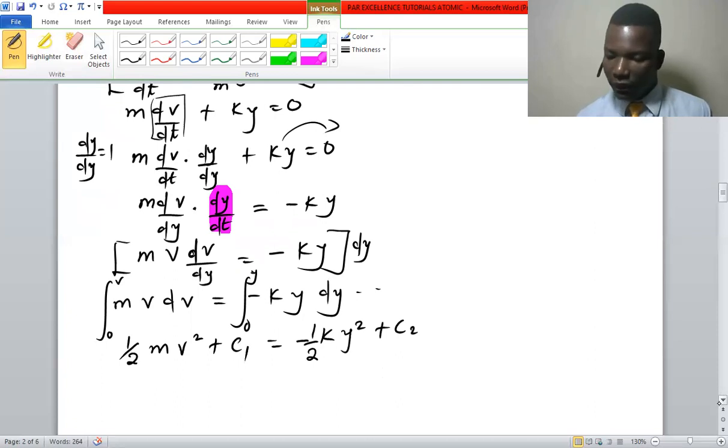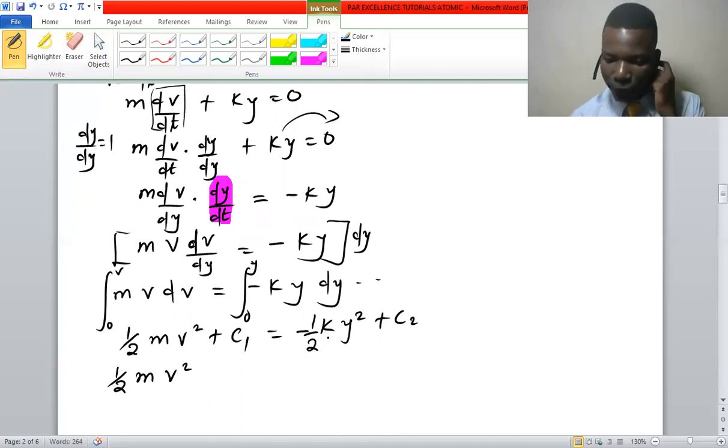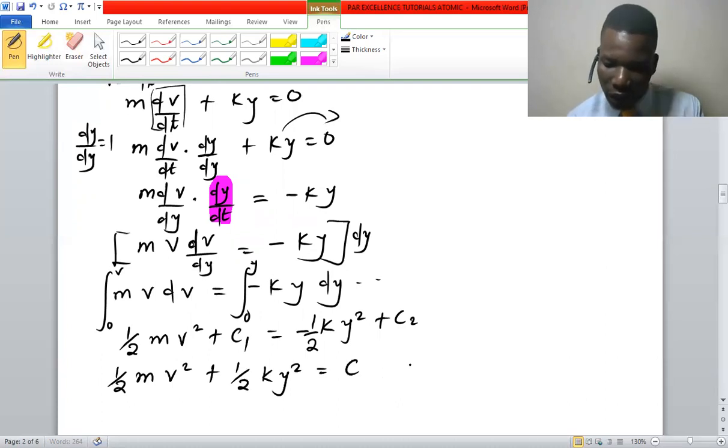Okay, so we can have mv squared and add half ky squared to both sides, and we're going to have plus half ky squared on this side, equal to c2 minus c1.